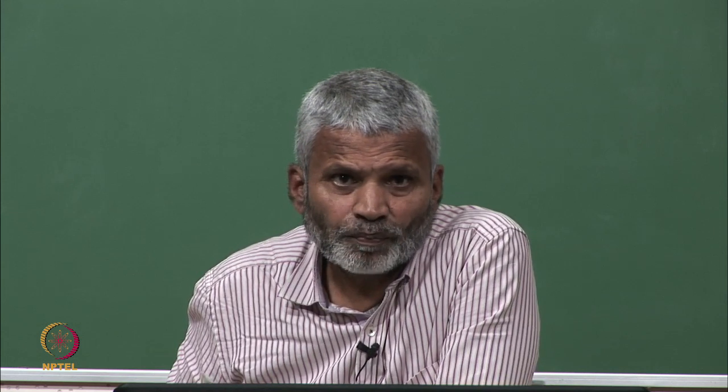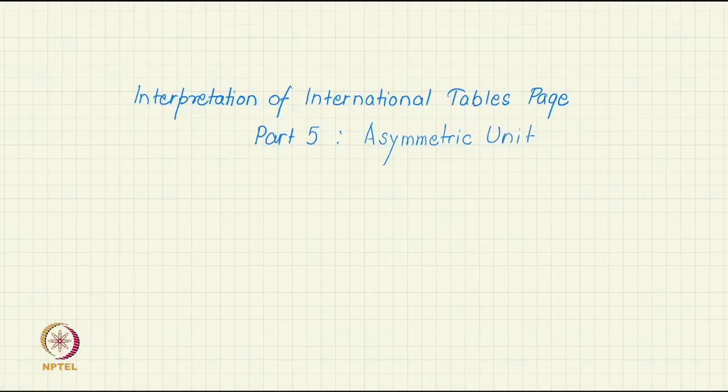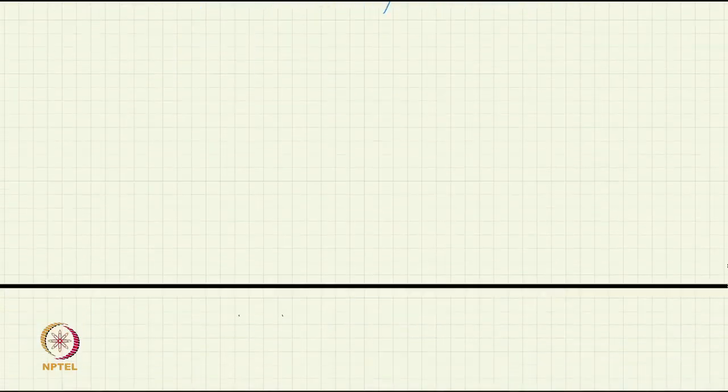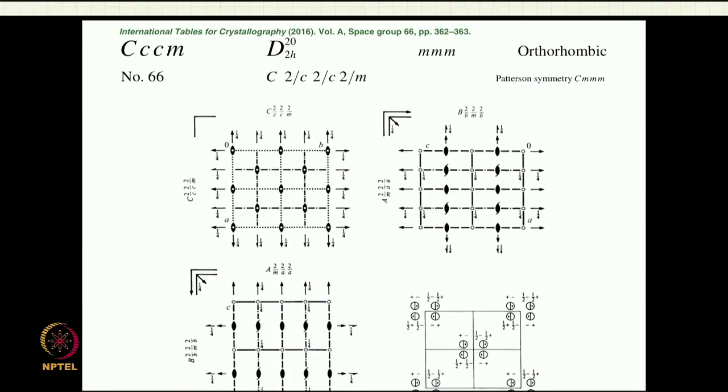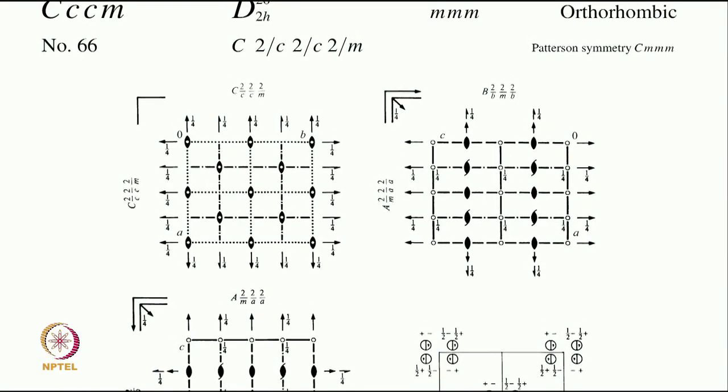We now come to part 5 of our international table page interpretation, and in this part we will look at the asymmetric unit. So, you can see this is the space group we have been looking at, space group number 66.